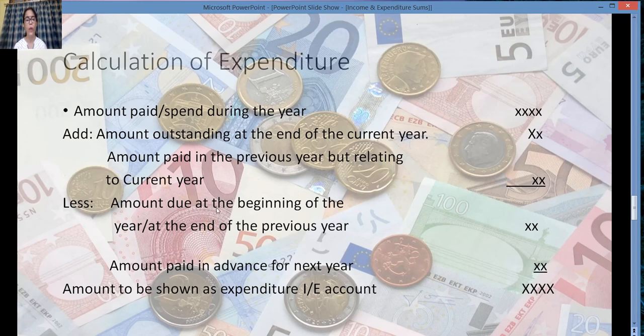Any amount outstanding at the beginning of the financial year, or the end of the previous year, which means the same thing, has to be deducted. Any amount that has been paid in advance, prepaid for the next financial year in the current year, is also to be adjusted. After this adjustment, whatever amount remains is the actual expenditure relating to the current financial year, and that is posted on the debit side of your income and expenditure account.